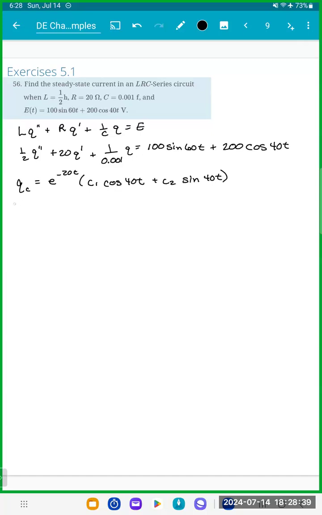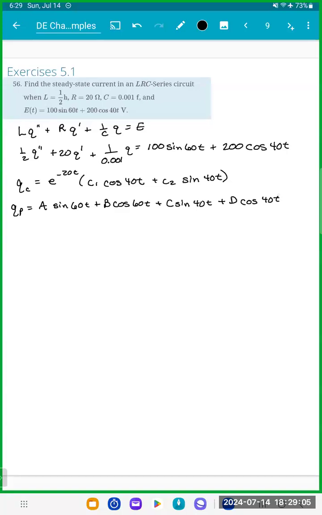Our Q sub p is going to be A sine 60t plus B cosine 60t plus C sine 40t plus D cosine 40t.